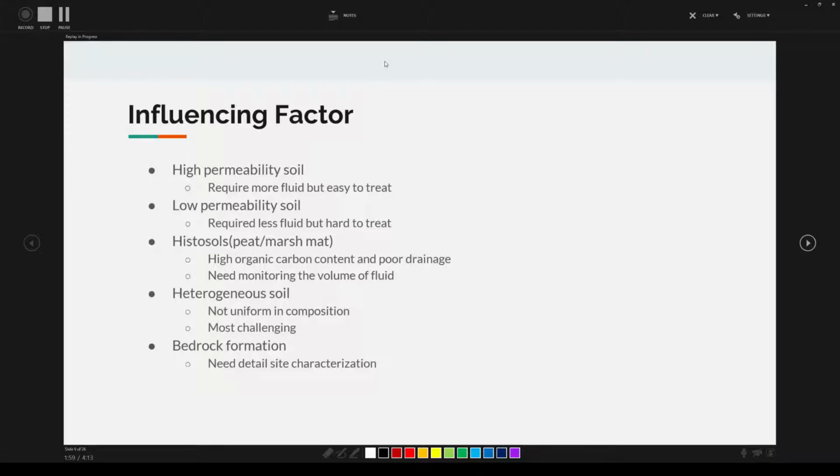The next factor is heterogeneous soil. A heterogeneous mixture is not uniform in composition, but the proportions of the components vary throughout the sample. While the contaminants may have migrated primarily through the higher permeability soil features, the lower permeability soil typically exhibits a greater ability to retain many contaminants.